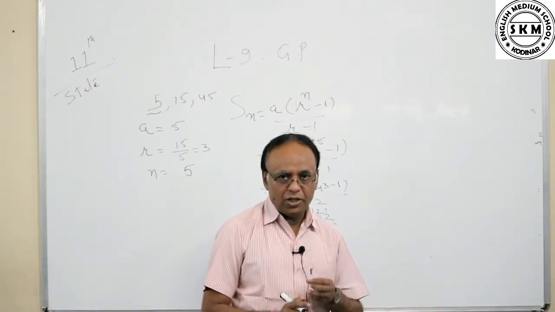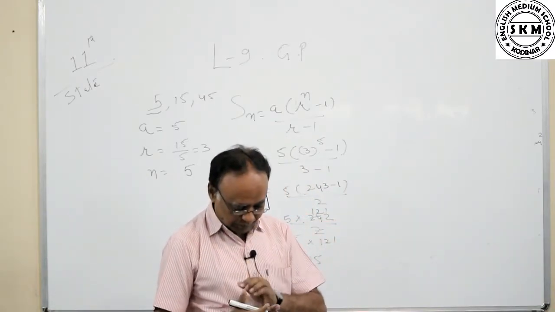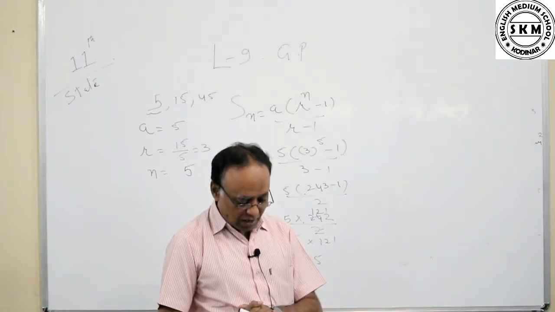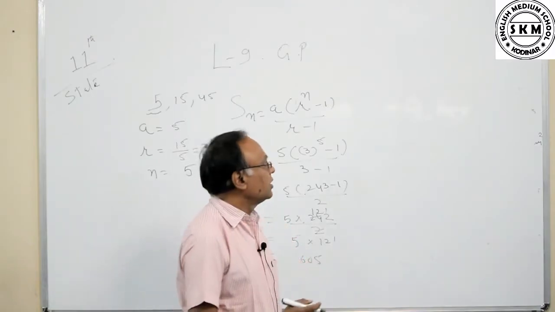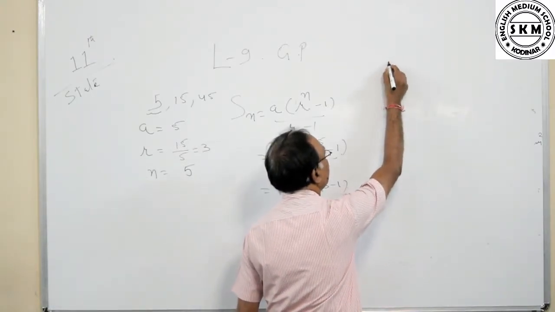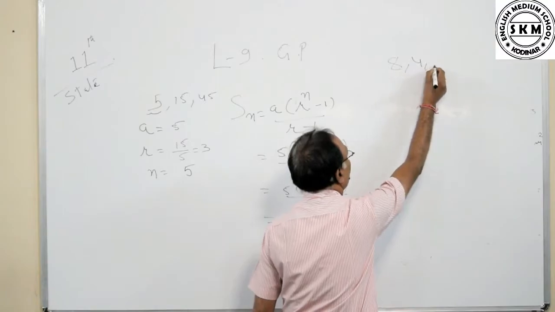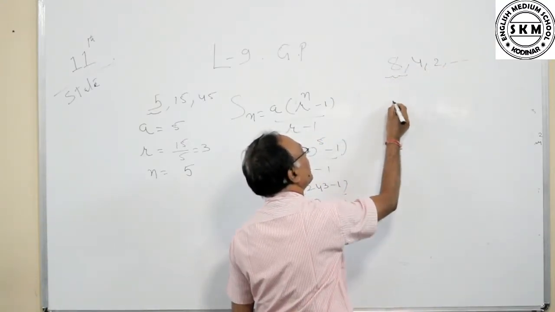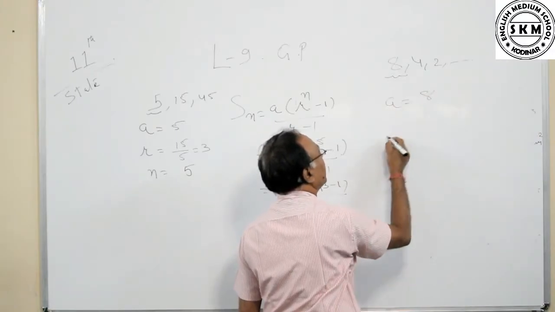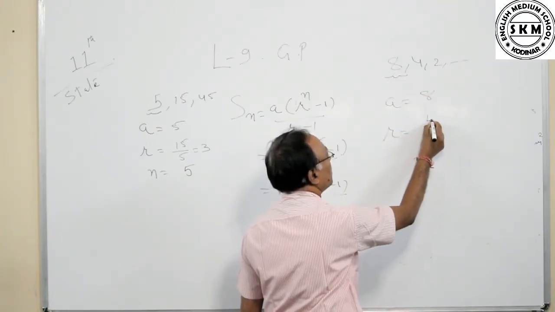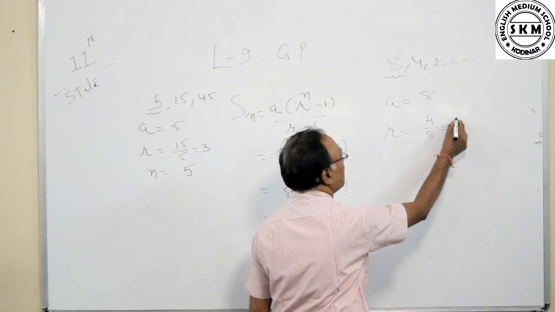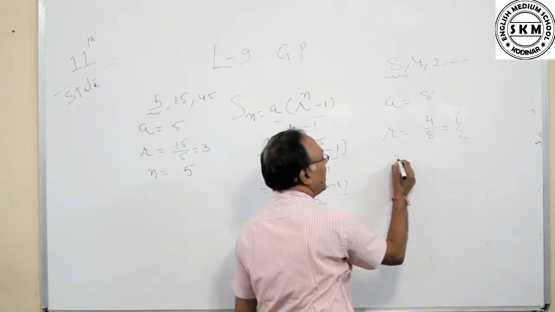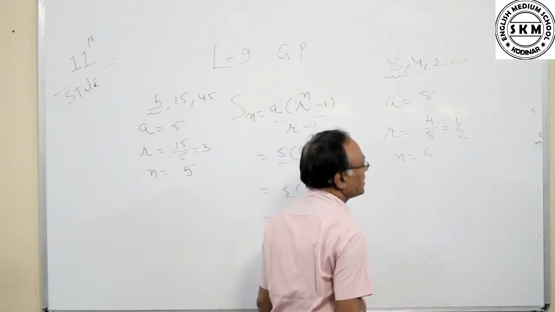Same example, illustrate example number 19. Find the sum of the first 6 terms of the GP. Now there is the series. Here it is given 8, 4, 2 and so on. So A is equal to 8. R is equal to second term divided by first term, meaning 1 upon 2, and n is equal to 6.